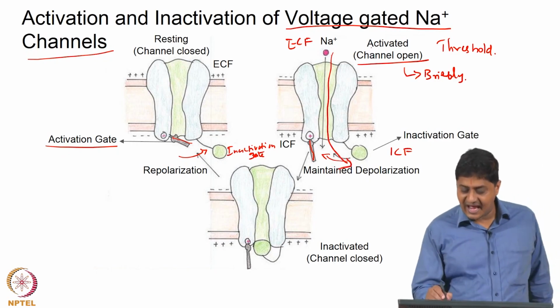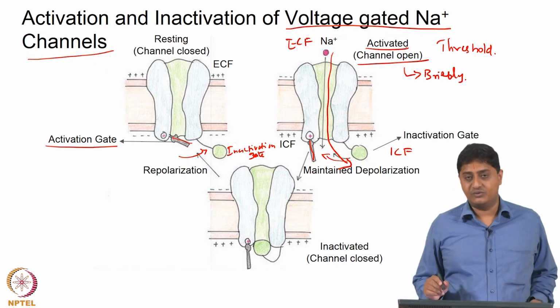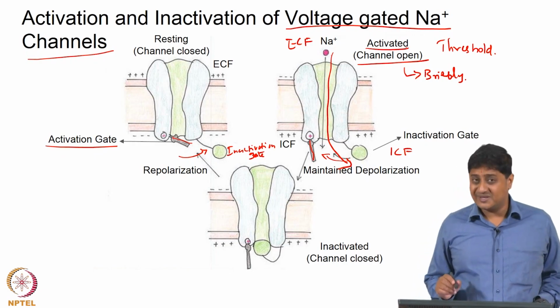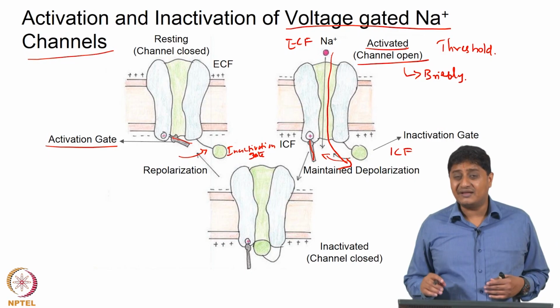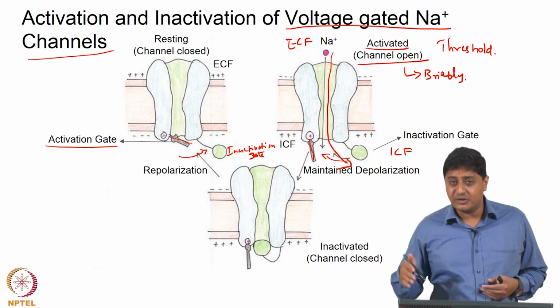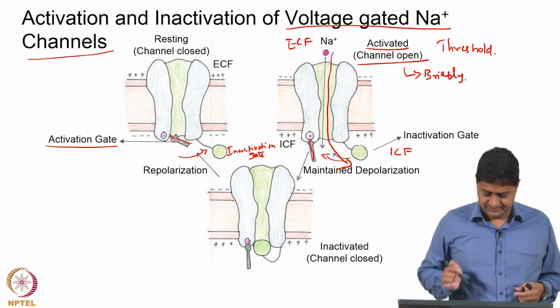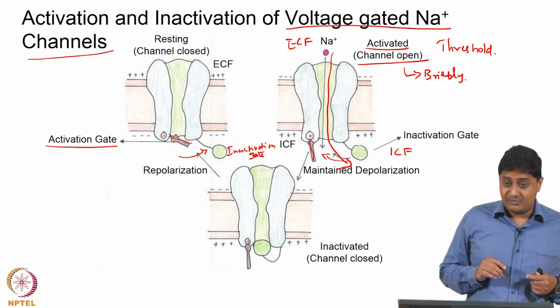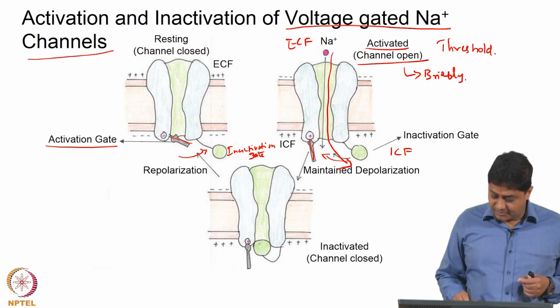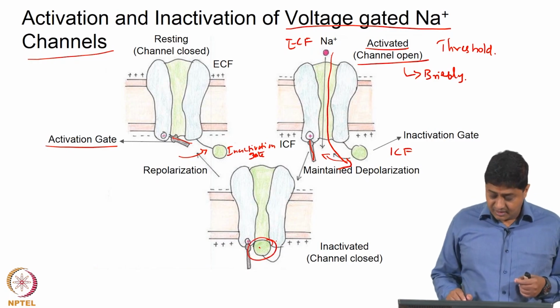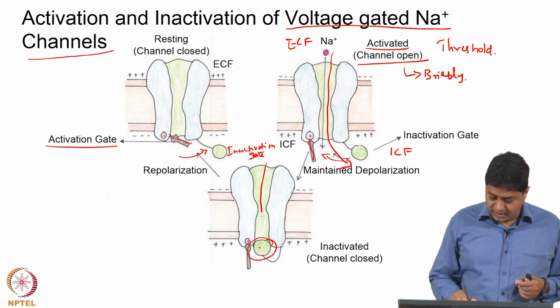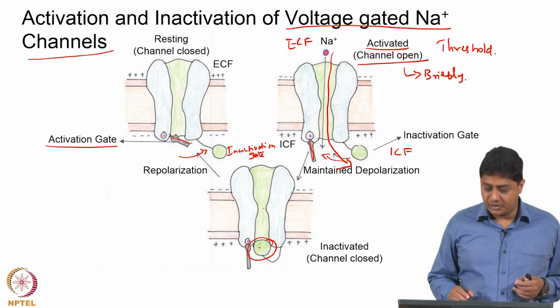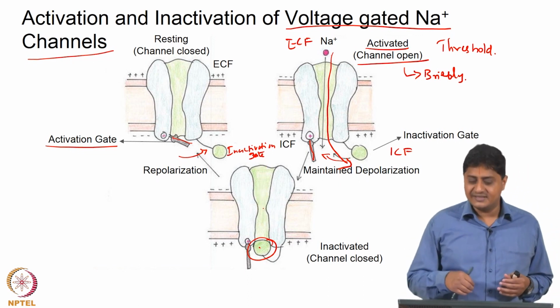So, this is the activated state of the voltage gated sodium channel, during which the activation gate is open and the inactivation gate is also open, but is in the process of closing, right. After some time, the inactivation gate completely closes like it happens here. In this state, sodium can no longer come inside. So, that means there is going to be no more sodium entering inside the cell.